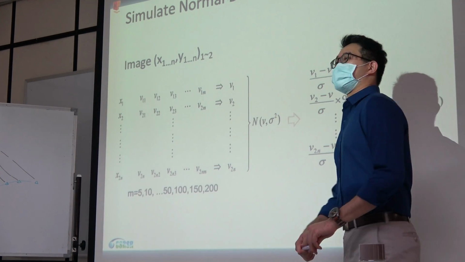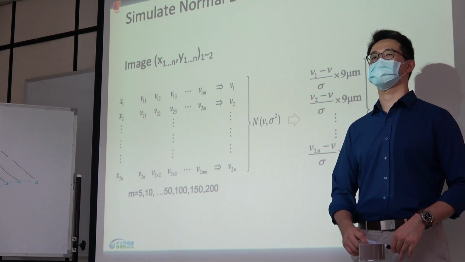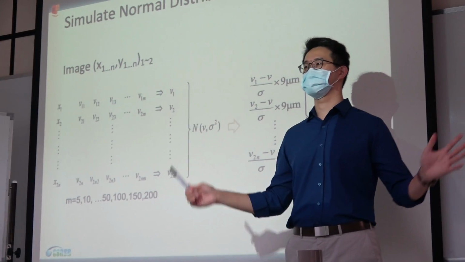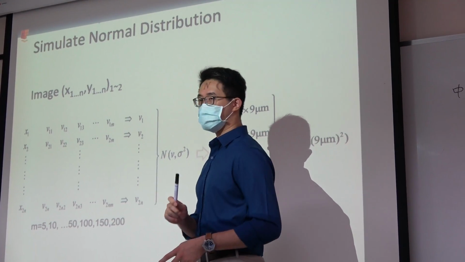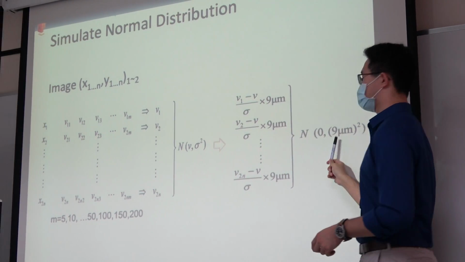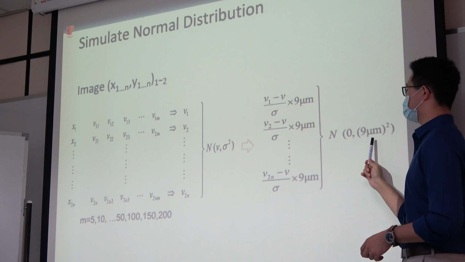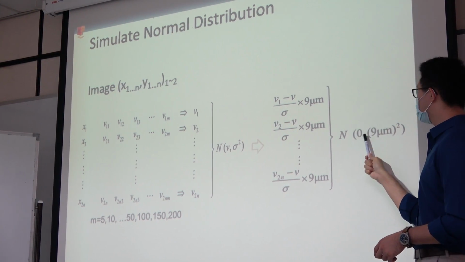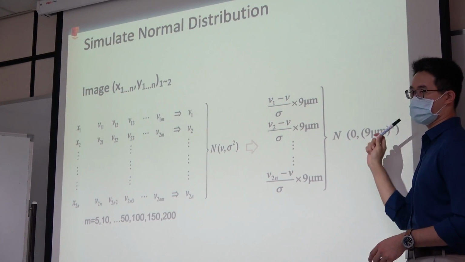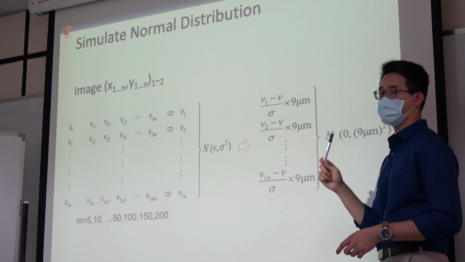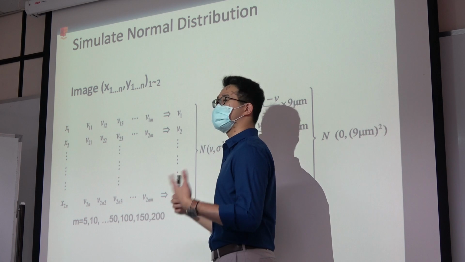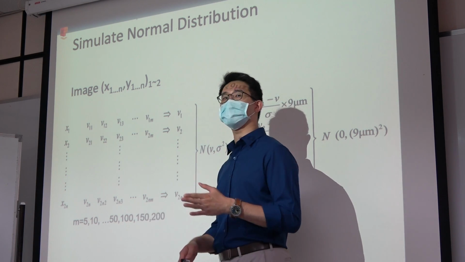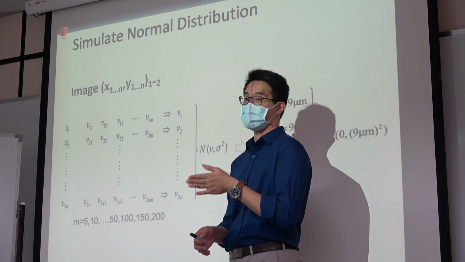Okay, till now, any question? If not, then, however, our requirement is to have something like this. The average value is 0, and the sigma is 9 micrometer. That's our requirement. But this set of data is generated randomly, so of course, its mean value won't be exactly at 0.